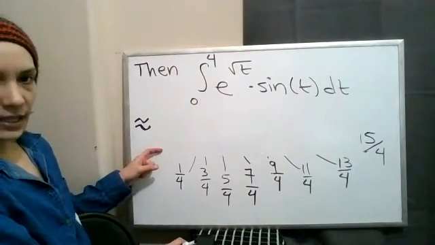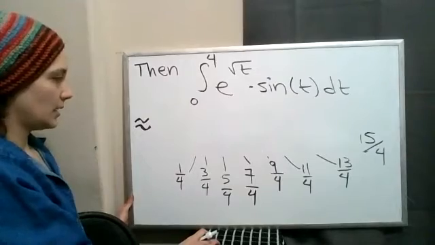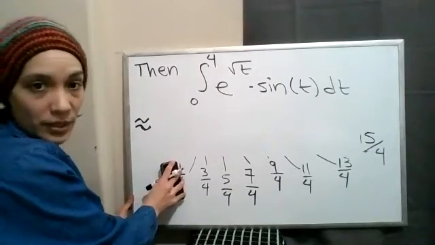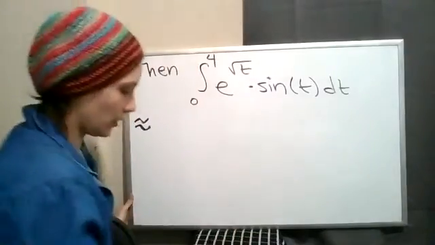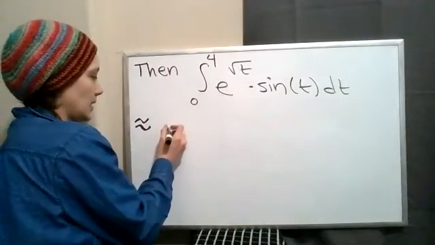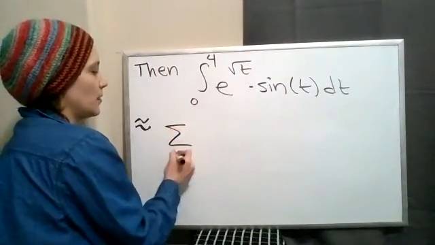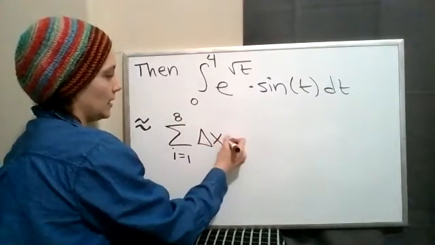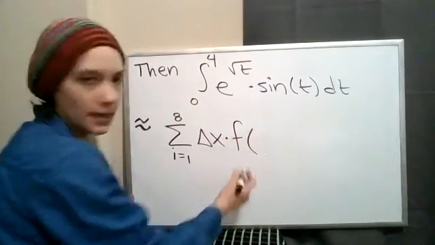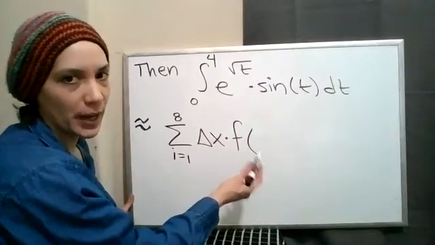So we'll take delta x. Well, I've got all these midpoints on my scratch paper, so delta x. The sum from i equals 1 to 8 of delta x times f of the midpoints, which I call x sub i bar.